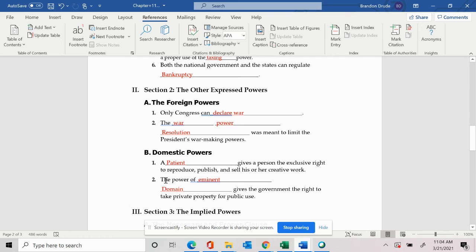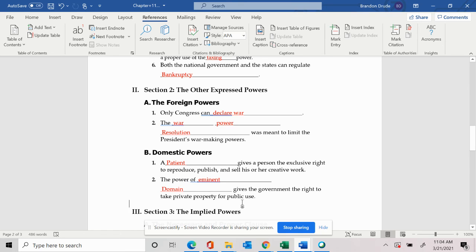Now, a big power Congress has is called eminent domain. Eminent domain gives the power to take away private property for public use. So if, let's say, they wanted to build a brand new highway and it goes right through your house, the government could take your house. They have the power to do that. Now, there are limits to this. The Constitution says that they can't just take your house and you're just homeless. No, you have to have just compensation.